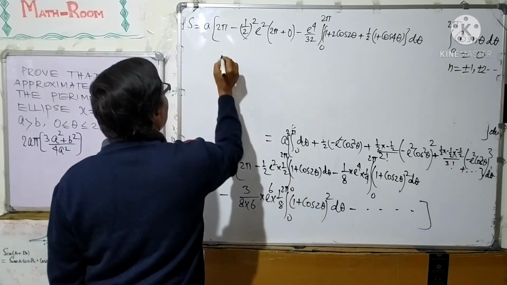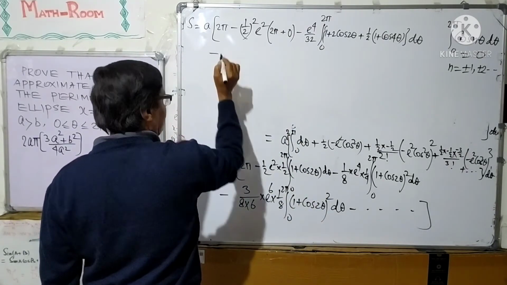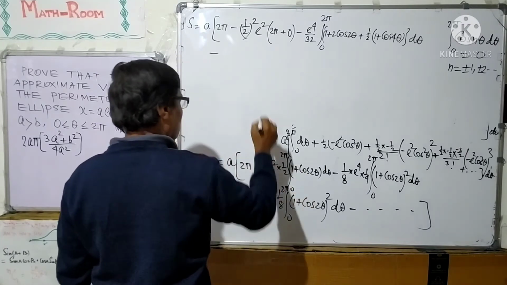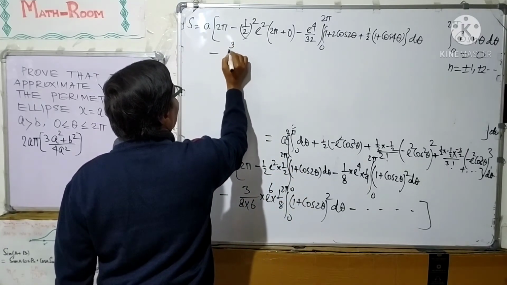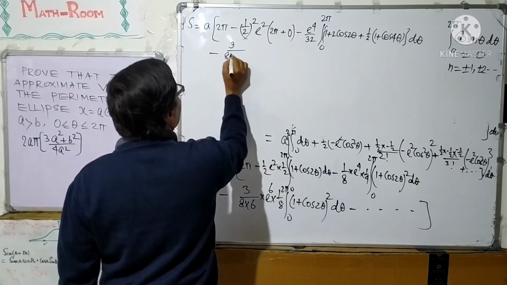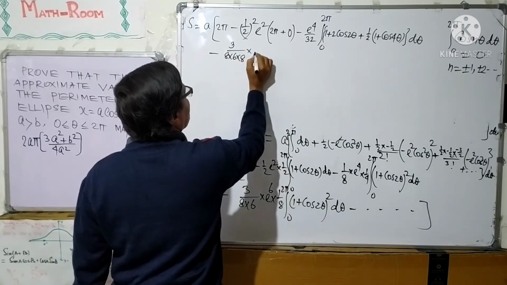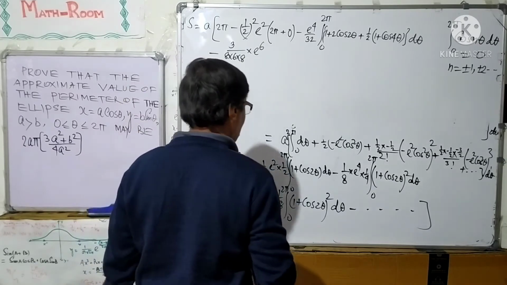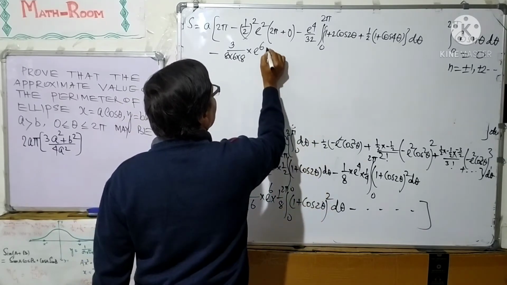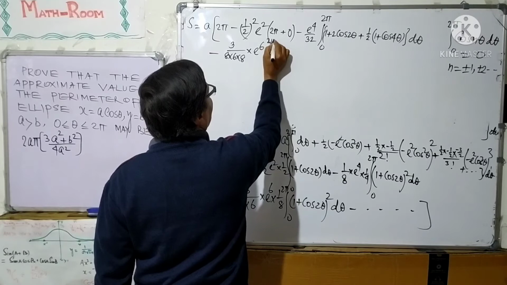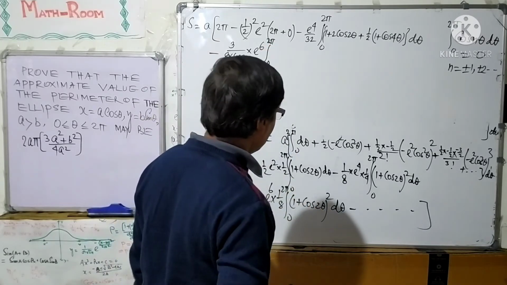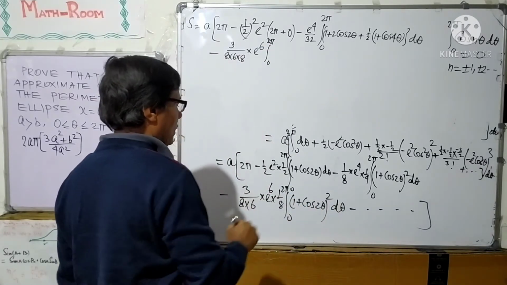Also minus 3 over 8 into 6 into 8 e to the power 6 into 0 to 2 pi 1 plus cos 2 theta whole cube.